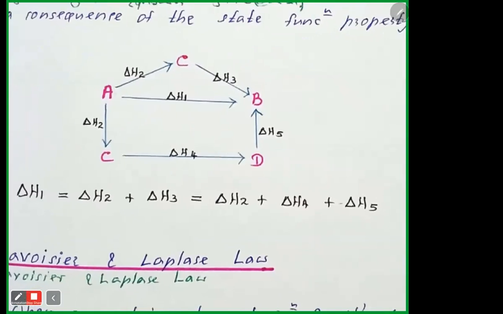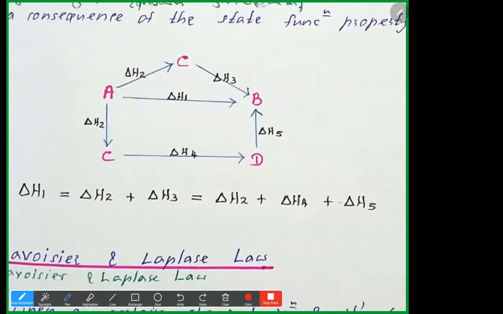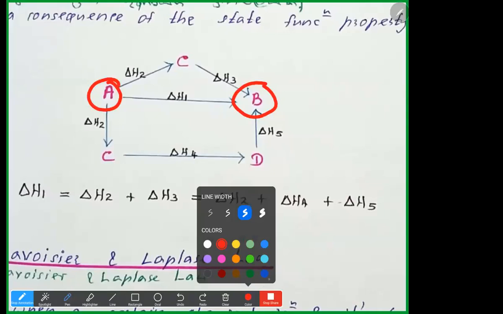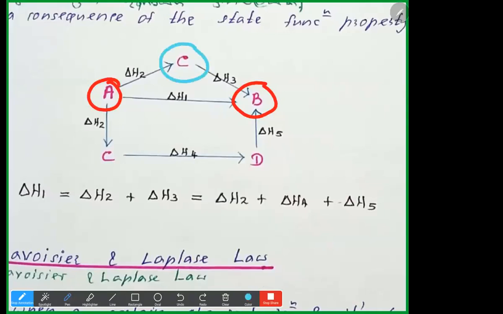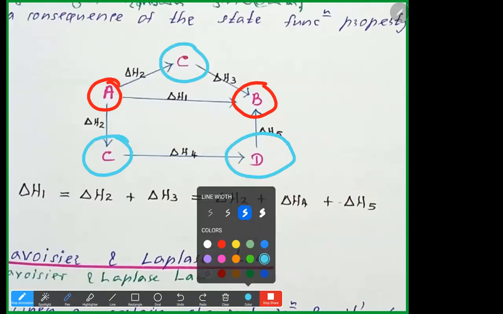So let's say we have two different paths. A goes to B using path C, or path C and D. Remember the unit 11 mechanisms that we're going to do soon. Some already did.